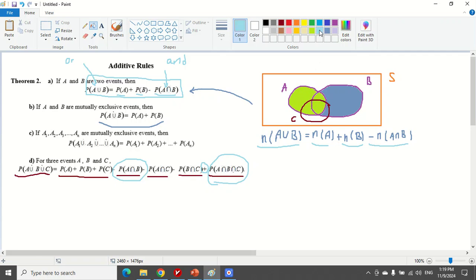For the probability of B, we have this one. This part is repeated 1 more time, and for the probability of C, we have these 4 parts as well. As you can see, the part in the middle is counted 3 times, and when we remove the pairwise intersections, it's removed too many times, so we should add this part back to the total at the end.